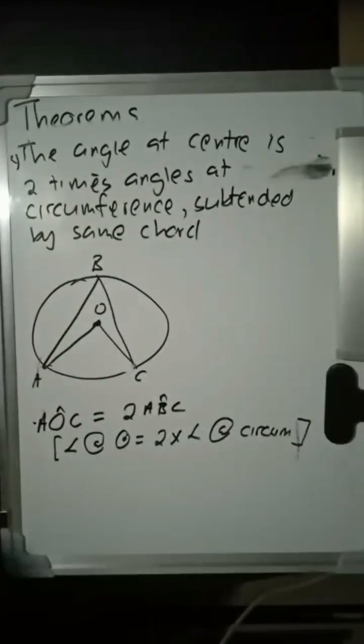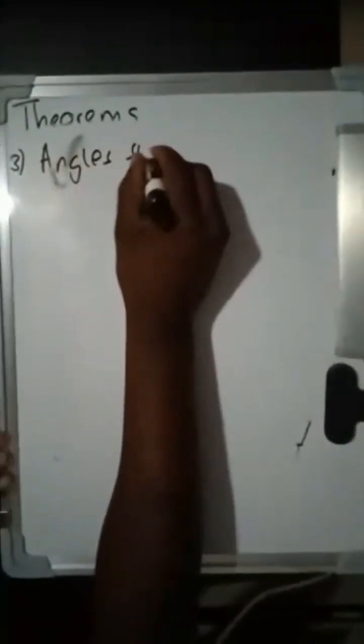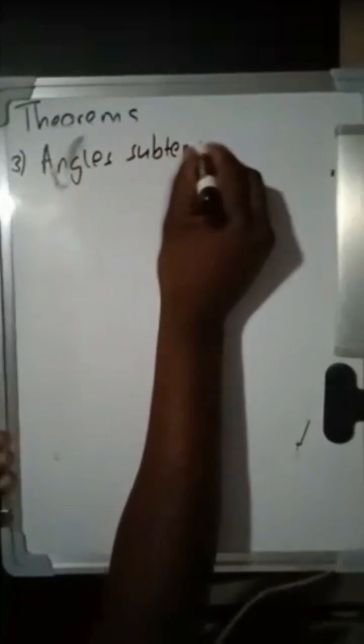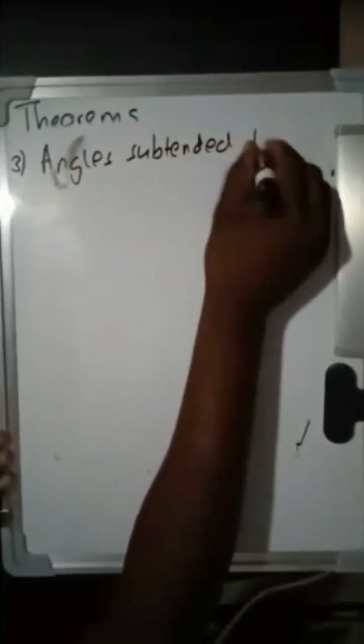The one that comes after this, which is number 3, we talk about angles subtended by the diameter.